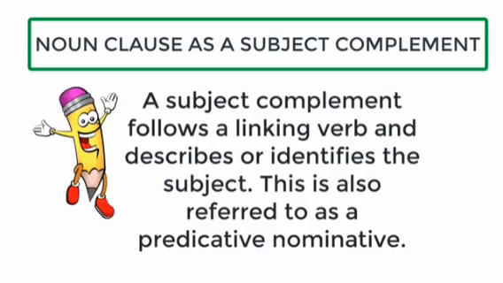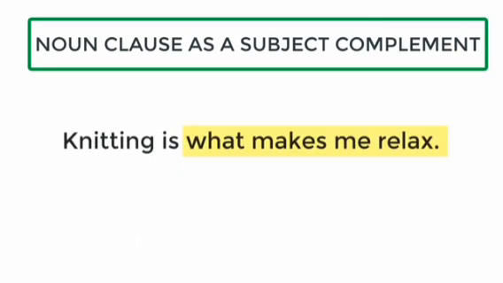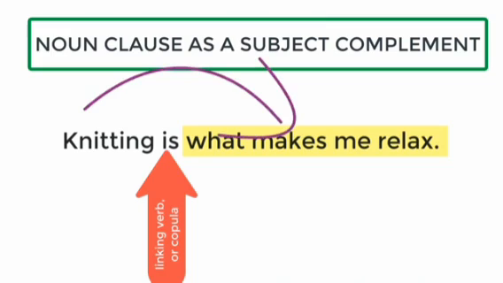And now, a noun clause as a subject complement. A subject complement follows a linking verb and describes or identifies the subject. This is also referred to as a predicate nominative. Let's see an example. Knitting is what makes me relax.